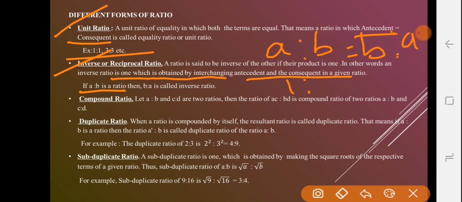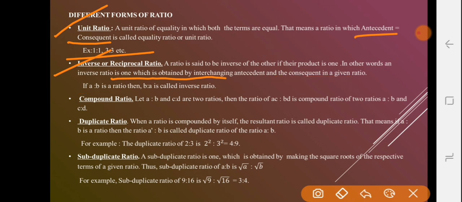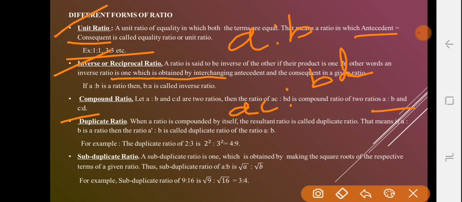Then we have compound ratio. If you are considering A, B and C, D as two ratios, then we are compounding the given ratios. If two sets of ratios are given, like A is to B and C is to D, we write it as AC is to BD.